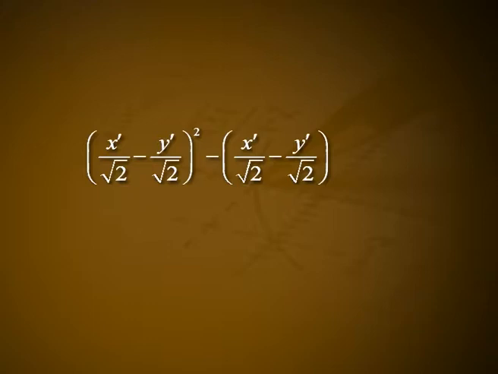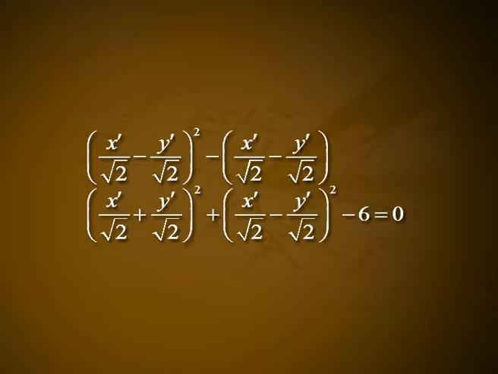Substituting these into the given equation yields (x′/√2 − y′/√2)² − (x′/√2 − y′/√2)(x′/√2 + y′/√2) + (x′/√2 + y′/√2)² − 6 = 0.